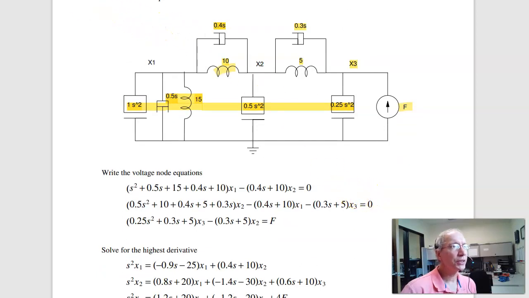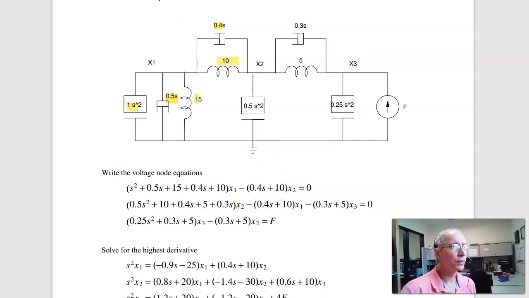Now write the node equations. At the first node, everybody attached to it, which is all these guys, times x1, minus the admittances between nodes. Between 1 and 2 is 0.4 s and 10.